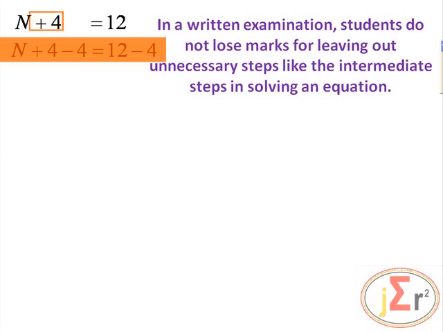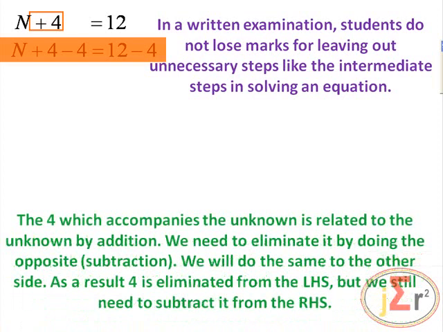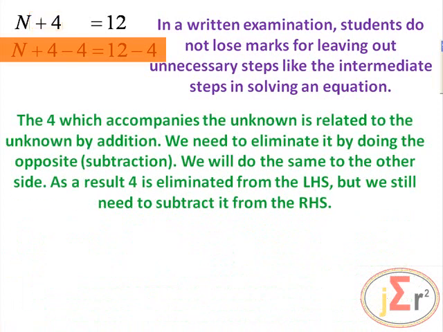So we have n plus 4 is equal to 12. The 4 which accompanies the unknown is related to it by addition. We need to eliminate it by doing the opposite, which is subtraction. We will do the same to the other side, as we have right here.